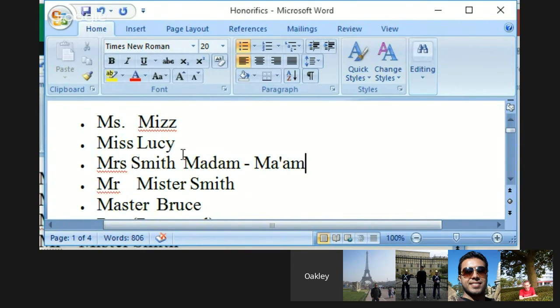For example, Mr. Smith. In the case of Miss as well. With Mr. and Mrs., you should use the proper name. It's a little bit rude to say, "Hey, Mister." Actually, it's considered slightly rude to say, "Hey, Mister, you dropped your hat."